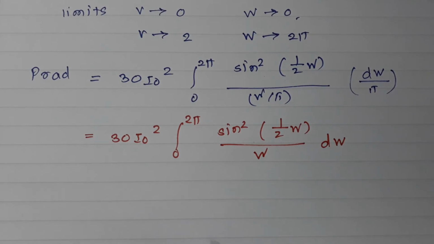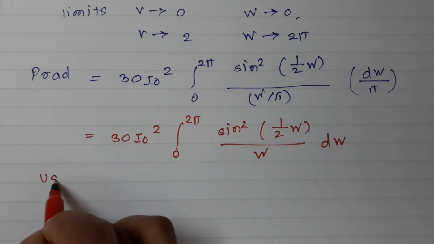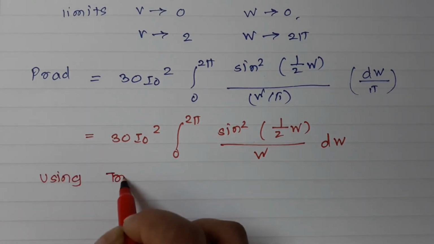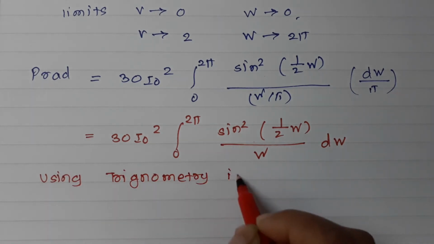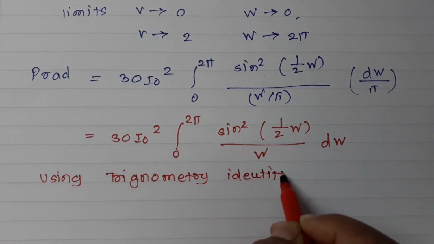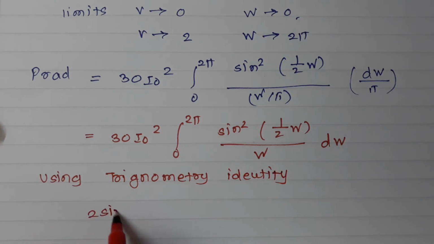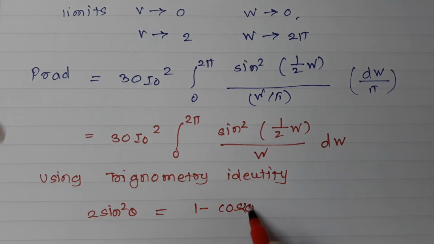Now using a trigonometry identity, 2 sine square theta is equal to 1 minus cos of 2 theta. Now these things I'll put there.